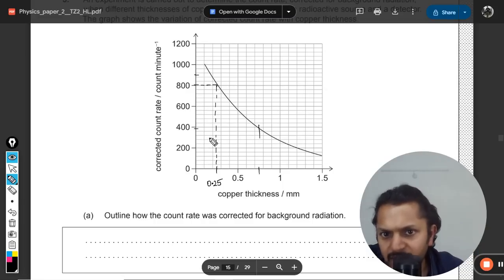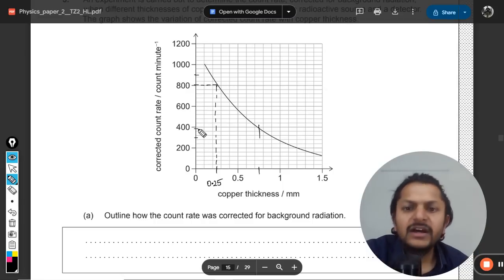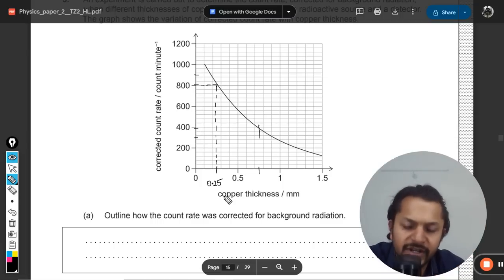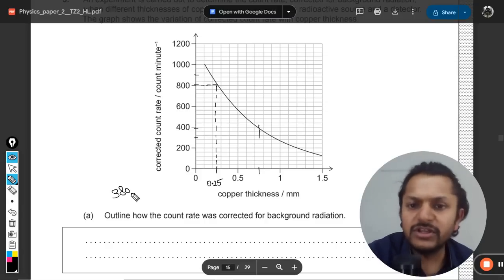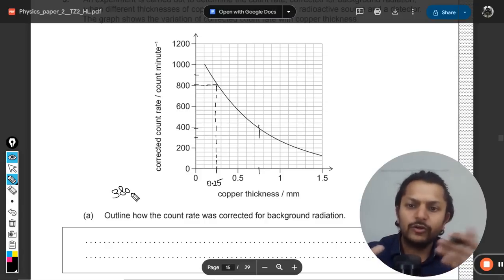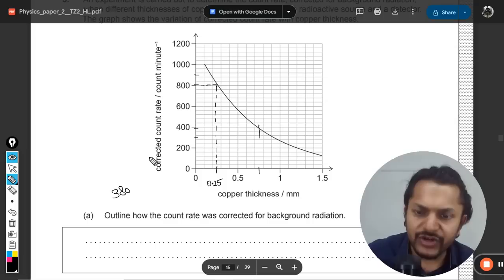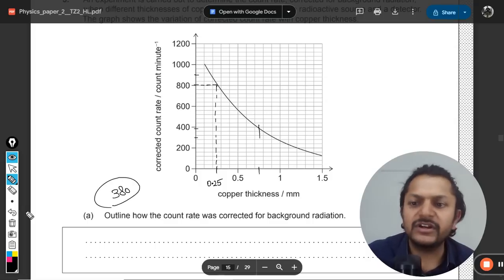So it will be nearly 380 or something. It should be 380 as the graph is written here. You could be using the ruler there, and you can draw a straight line. So your count rate will be 380.